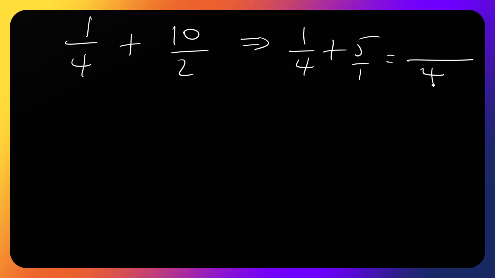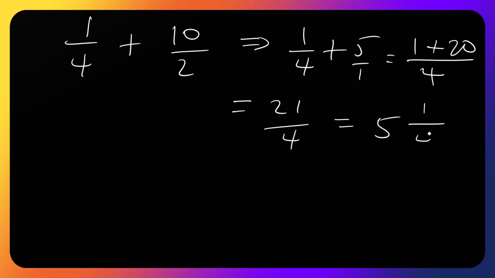LCM will be 4. 4 here 1 times 1, 4 here 1 here 4. 4 times 5 is 20. That will be 21 on 4, which is the same as 5 whole number, 1 on 4. So that's that.